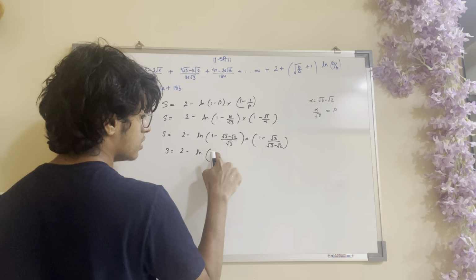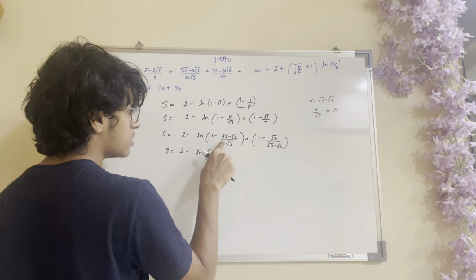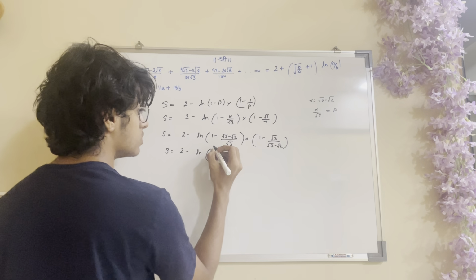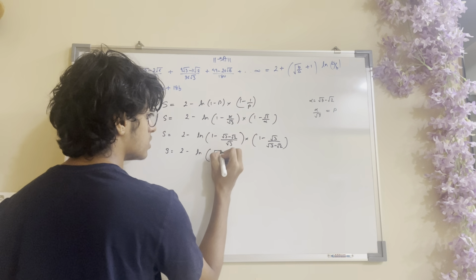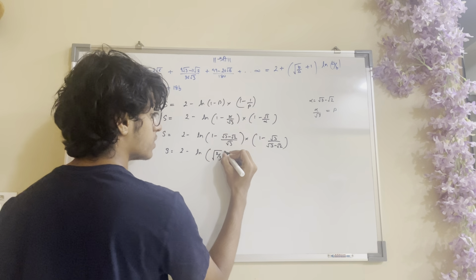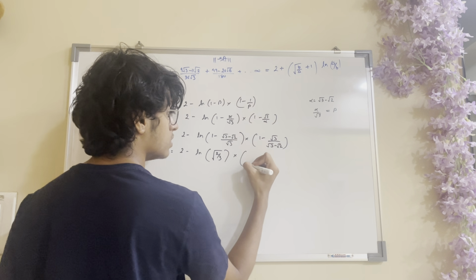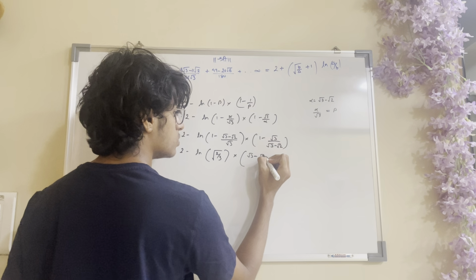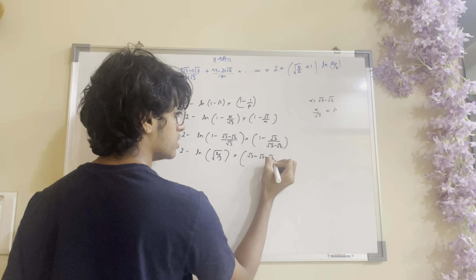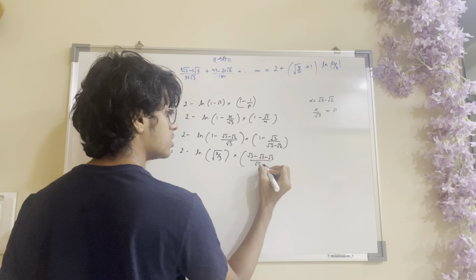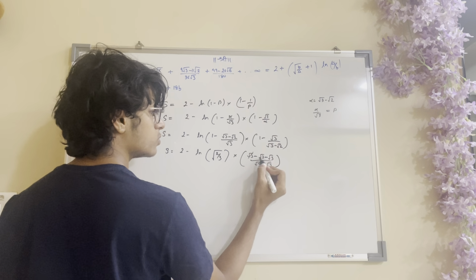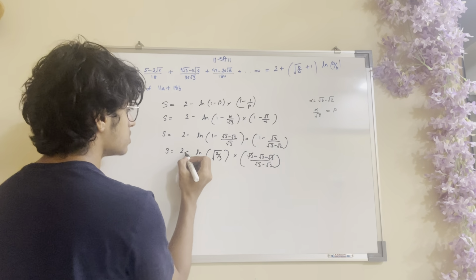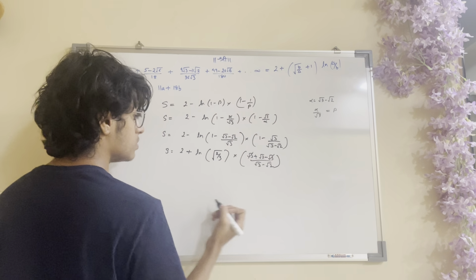Or simply separating the denominator here, we have root 3 by root 3 is 1, so 1 minus 1 will be 0. So the only term remaining here is under root 2 by 3 into (root 3 minus root 2 minus root 3) upon (root 3 minus root 2). Root 3 gets cancelled, and here the negative sign gets compensated, so plus plus.